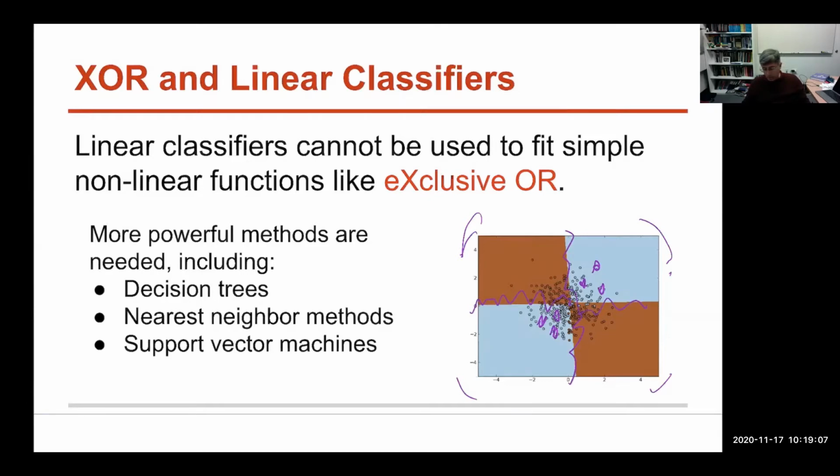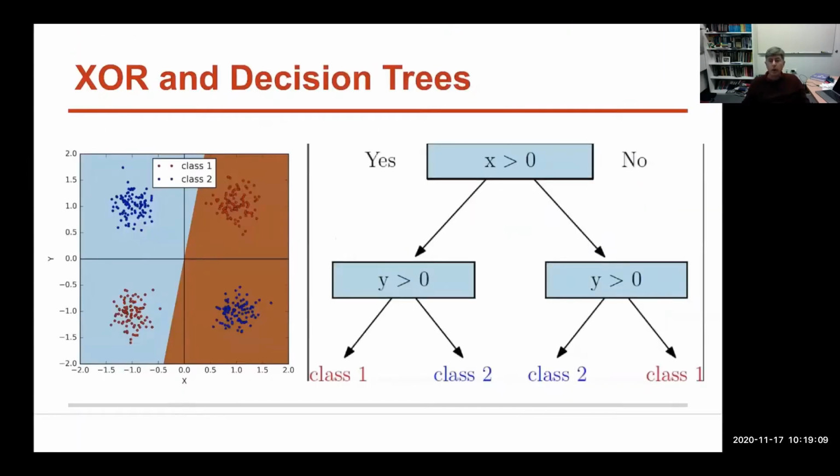But certainly linear regression isn't going to do it. Any questions? If you look at this exclusive OR example with 2 classes in these 2 clusters, there is no line that can separate the red points from the blue points. So a linear decision boundary is doomed to failure.